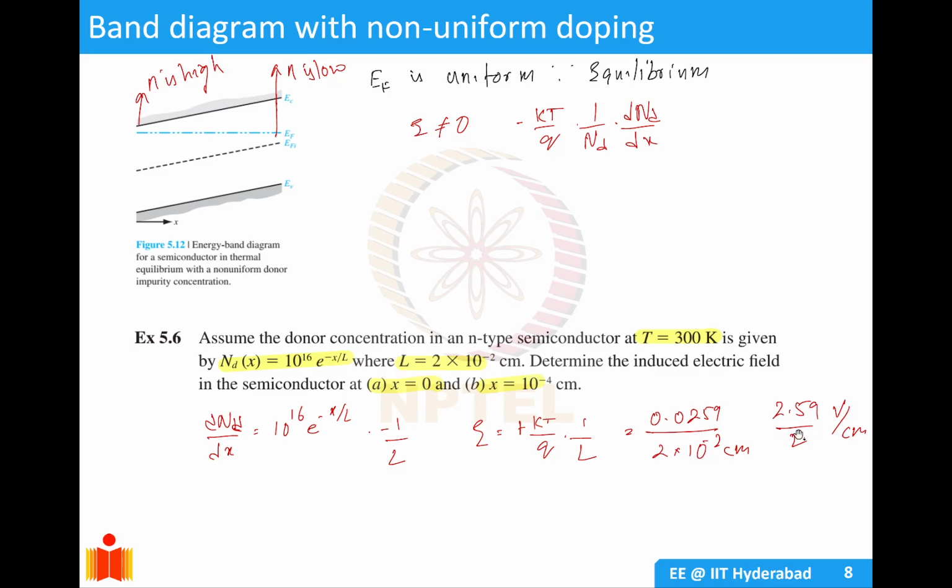So that is what you will get. And you don't have to put q if you assume it in terms of electron volts. So it will come out to be around 1.3 volt per centimeter. This is at x equals 0.